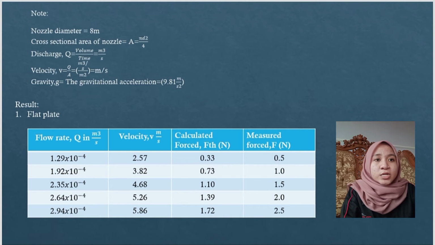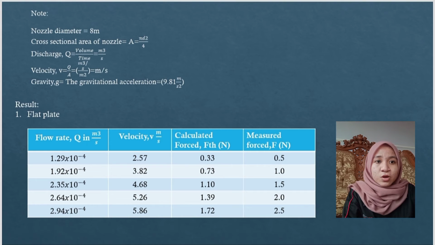Note: the nozzle diameter is 8 millimeters and the cross-sectional area of the nozzle is area = pi d squared over 4, and discharge is Q = volume per time, and velocity is in meters per second, and gravitational acceleration is 9.81.